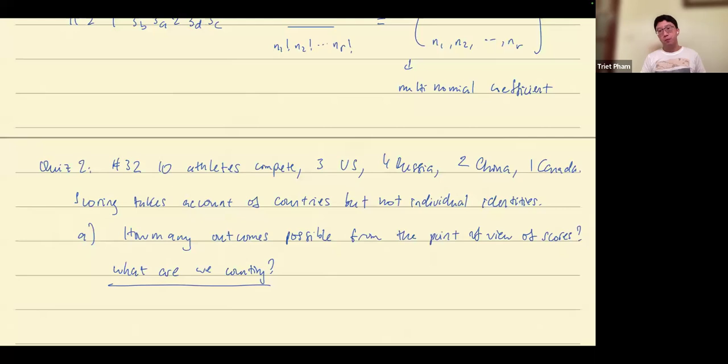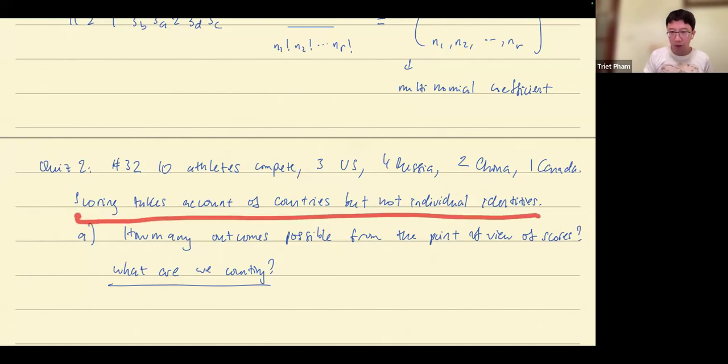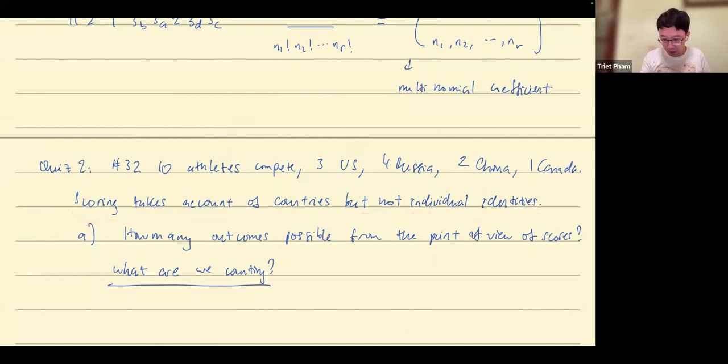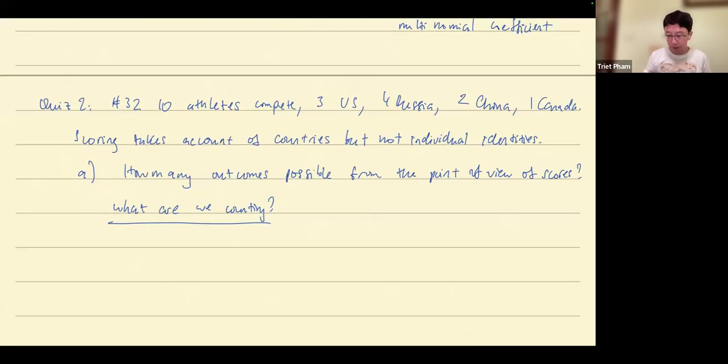But of course, the keyword probably is here: scoring takes account of countries, but not individual identities, which is really a hint to say that the athletes within each country are not distinguishable, are not distinct. So maybe the best way is to give an example to illustrate for ourselves what's going on.